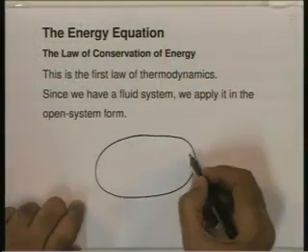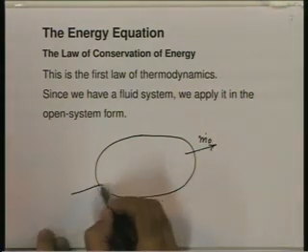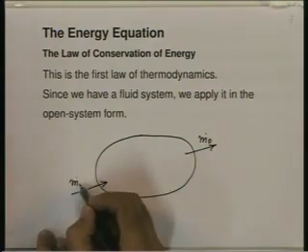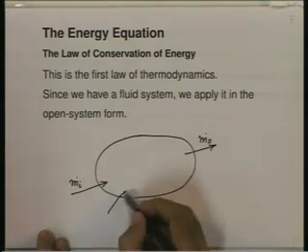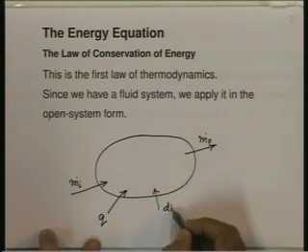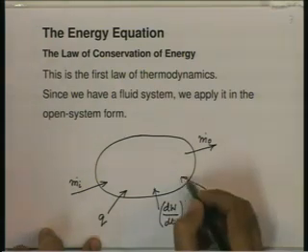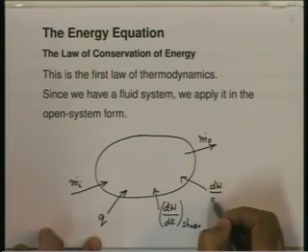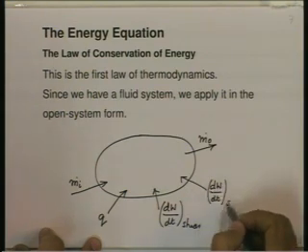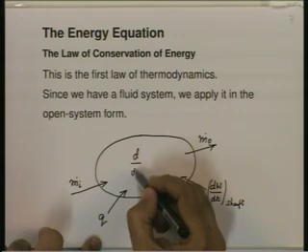So the general open system would be a control volume. Some mass flow rate would be going out, some mass flow rate would be coming in, there will be heat transfer to the system, there will be shear work, there could be shaft work, and even the energy of the system could be changing with time.